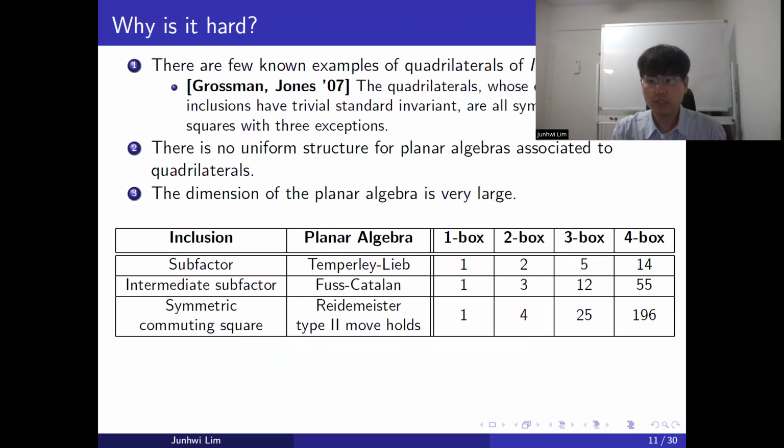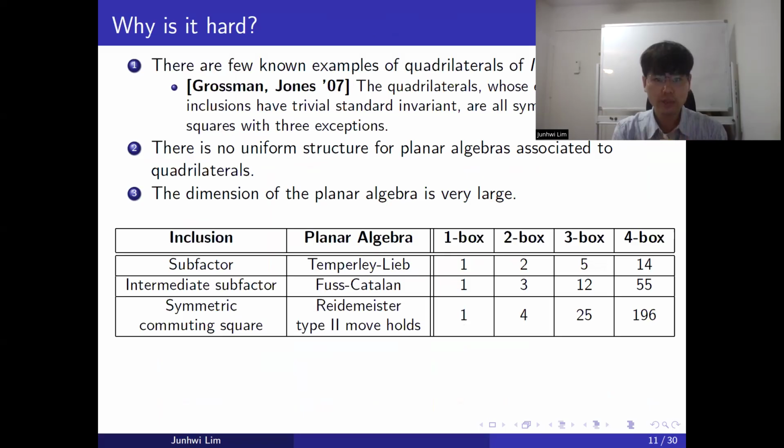But identifying the complete structure of the planar algebra is a hard problem for several reasons. First of all, there are only a few known examples of quadrilaterals of II_1 factors. Grossman and Jones studied the case of quadrilaterals whose elementary inclusions have trivial standard invariant.